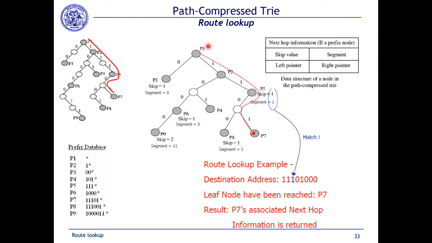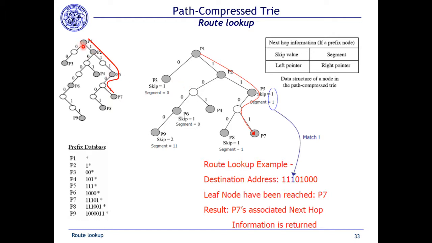When we trace the path along the compressed trie, we have of course to take into account the skip and the segment fields whenever we are crossing a node with compression. So if you start with this destination address, that is the example, the first 2 bits do not require any special care because we are moving on the original trie.